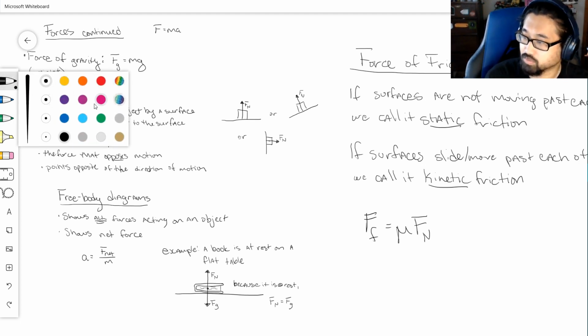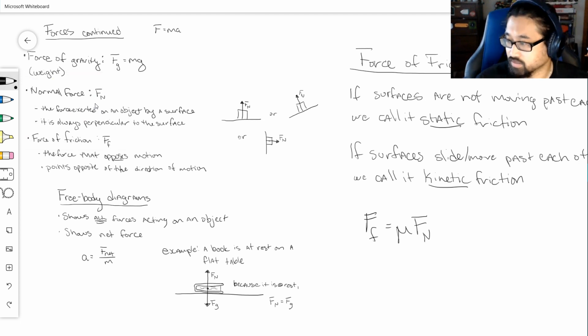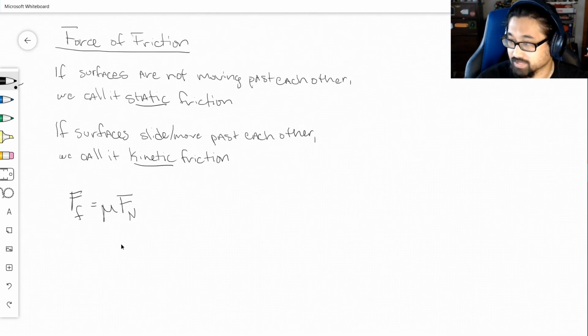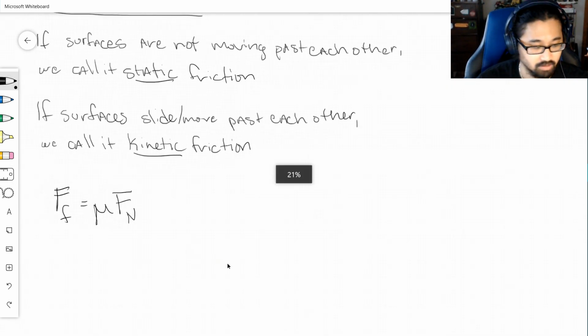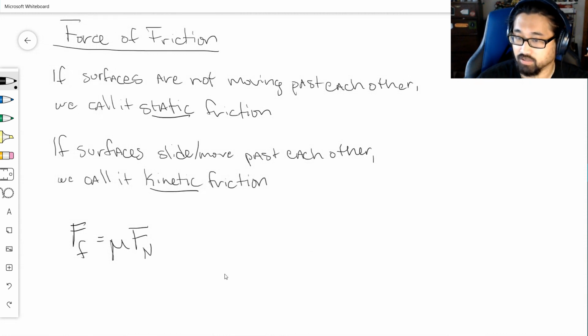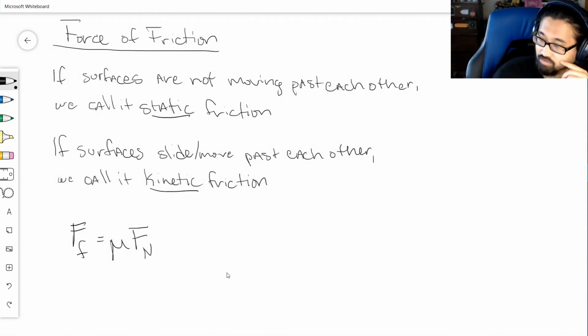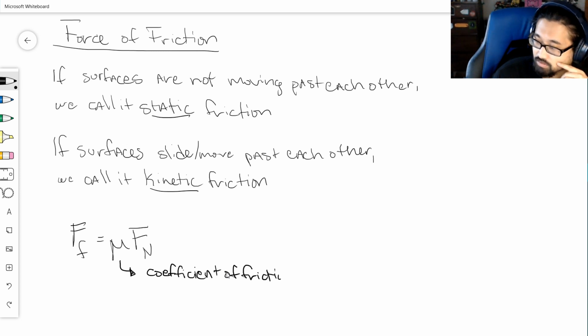That mu is a kind of funny looking symbol. It's a Greek letter. It's a Greek letter M in particular. And that Greek letter represents something that we call the coefficient of friction.